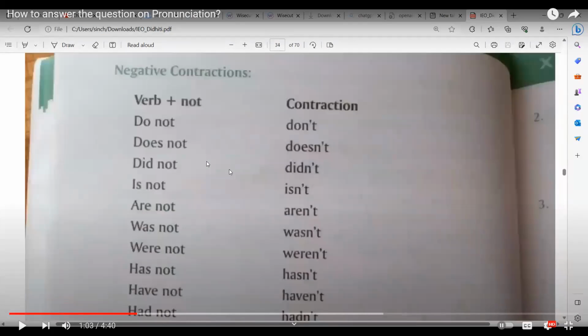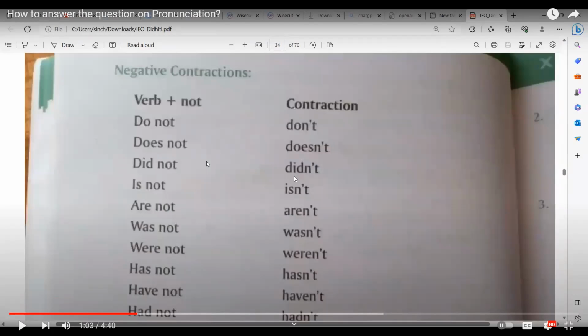Now you tell me, Shruti, the first one. Negative contraction. Verb plus not. Do not. Contraction is don't. Then this one, does not. Tuhin, can you read it better? Verb plus not, do not, contraction don't.